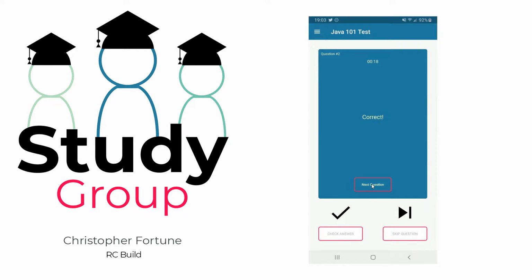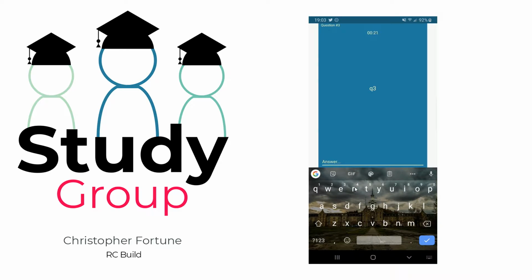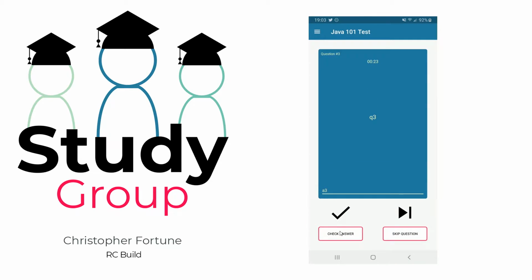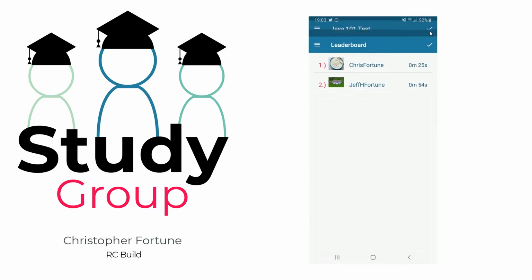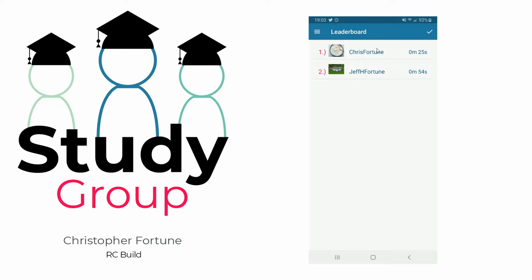So if we go in here, say next question, say A3, check it, correct. Next question. Again, it's displaying the results, the correct questions, the percentage score, and any questions that you got wrong, and it'll update your leaderboard entry.